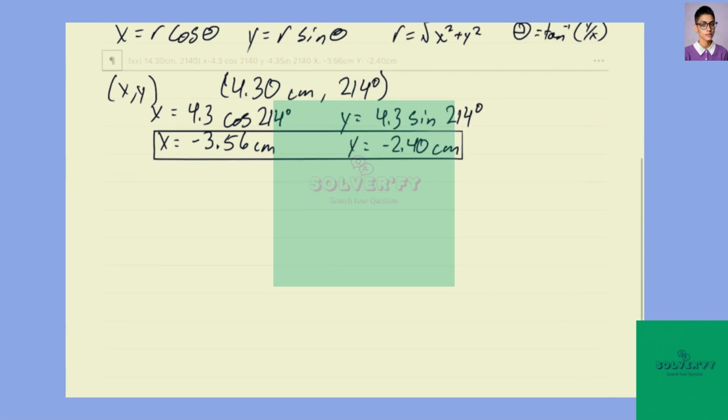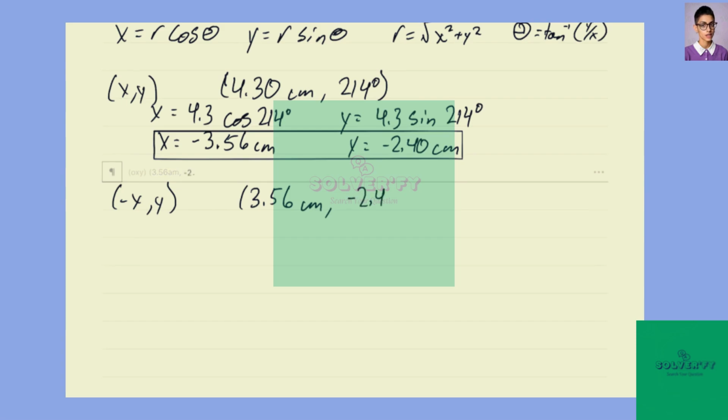Now, part B asks us to use the x and y we just found and convert the Cartesian coordinates to polar coordinates. So the Cartesian coordinates we're using are negative 3.56 centimeters and negative 2.4 centimeters.